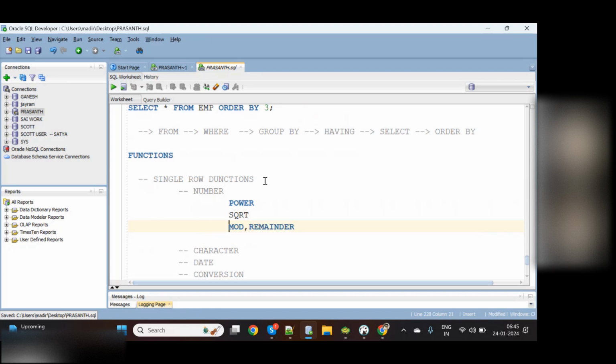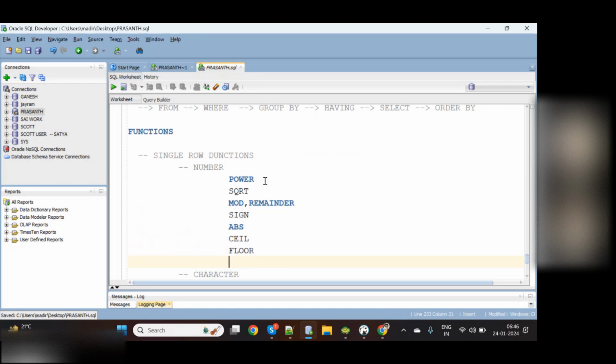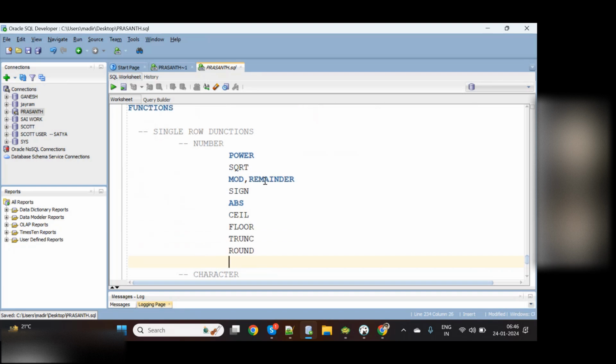Number functions are the functions we write on numeric columns, that's why they are called number functions. Then sine function, absolute function, ceil, floor, trunc, and round. One by one, we'll see with examples.